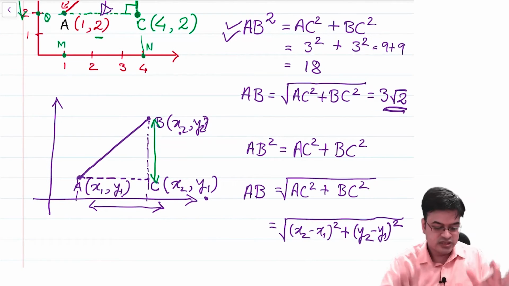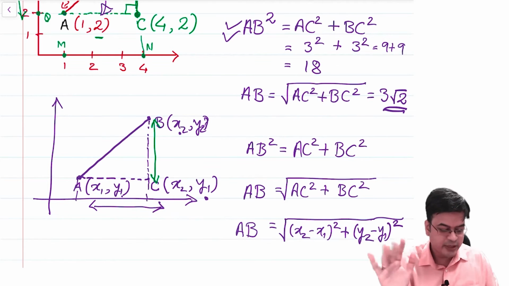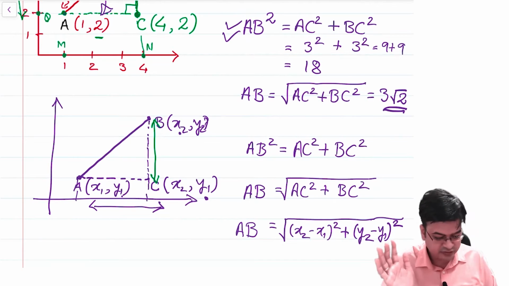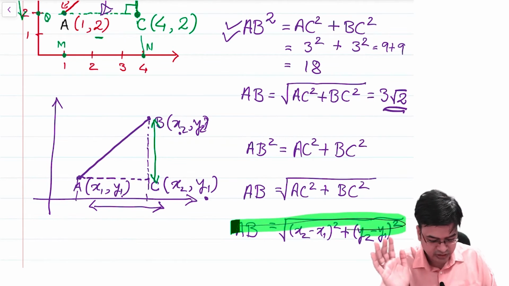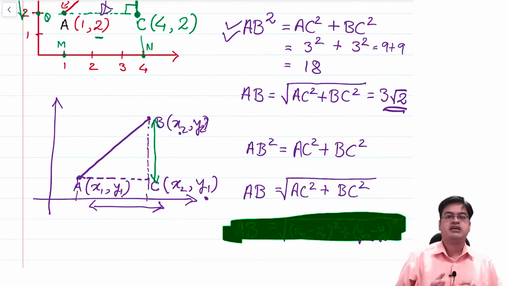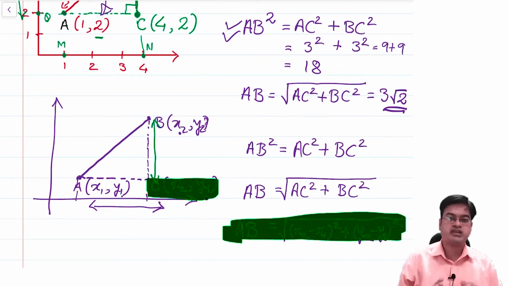So this formulation will be called the distance formula for AB. Now when you get this final formulation of your AB, you can easily see that the intermediate point, that is this C, is auxiliary. You don't require it while computing.